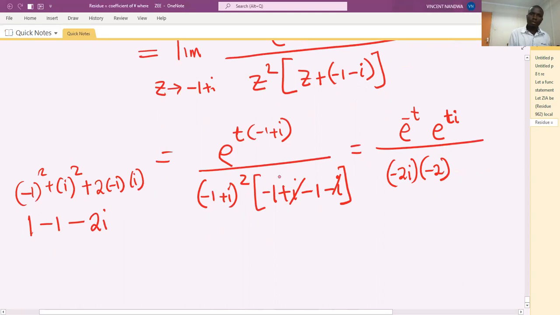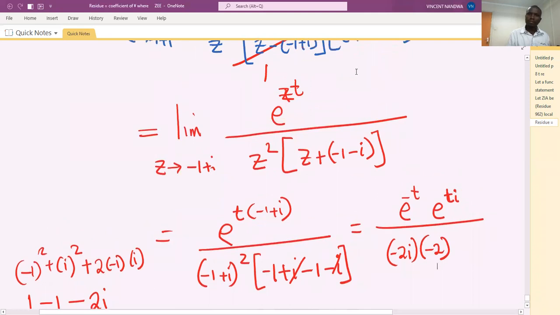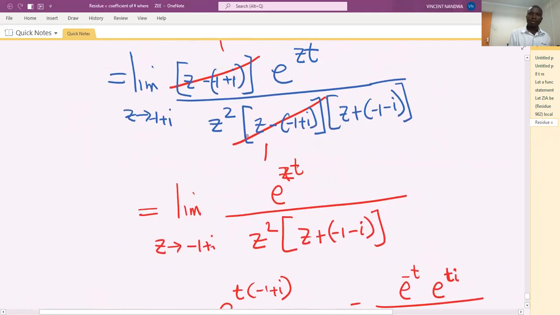So this is given by, okay, so minus 1 plus i, and then this one is minus 1 minus i. Of course now we have z minus 1 plus i, then z plus.